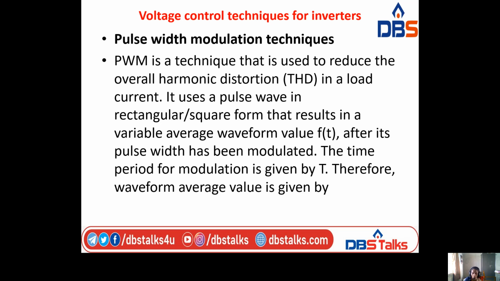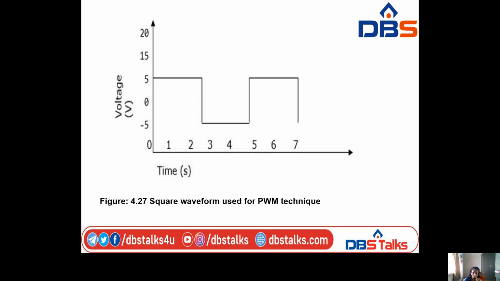The time period of modulation is T, and the average value is given. When plotting a graph between voltage and time, we get a square wave for the PWM technique.